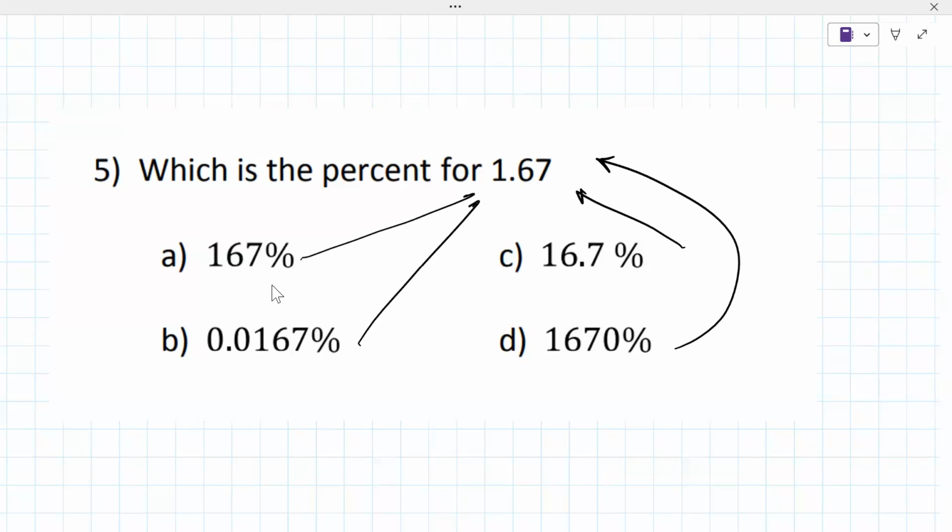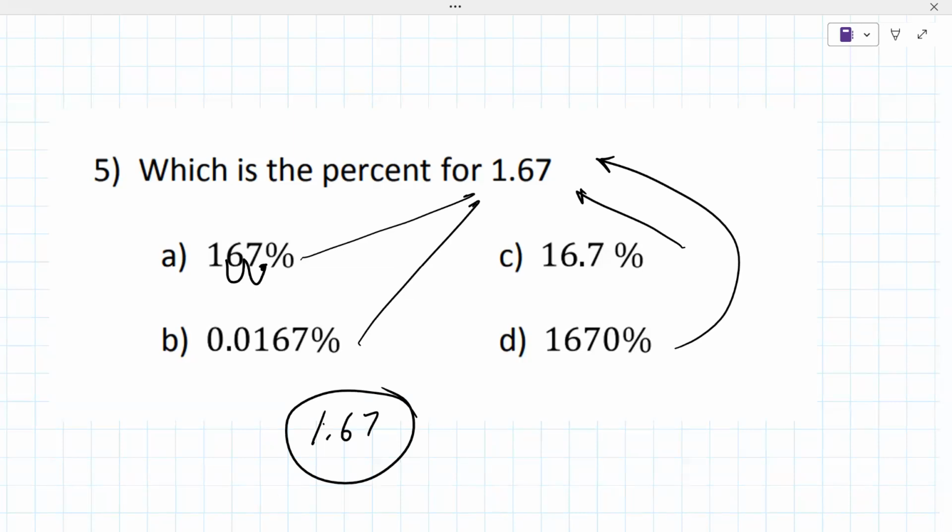See if you can come up with the right answer. Would this one be A? So yeah, you move the decimal left 2 places, 1, 2, and that was your answer. Good. All right, very good.